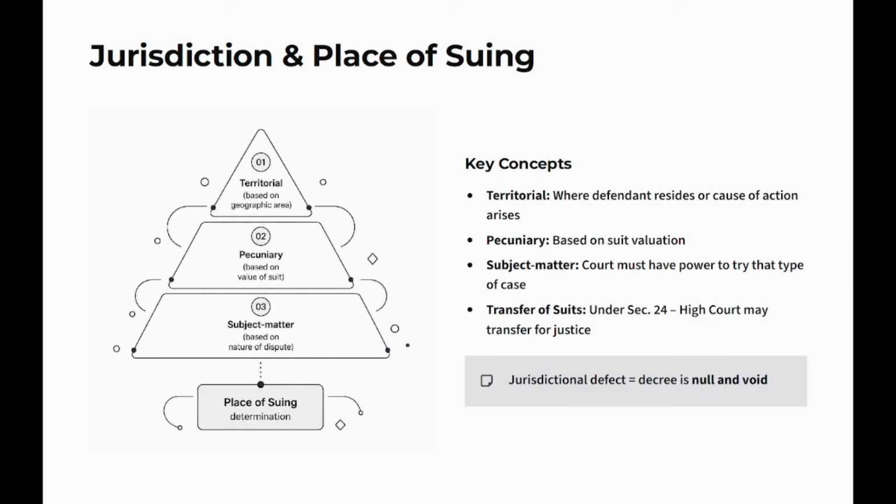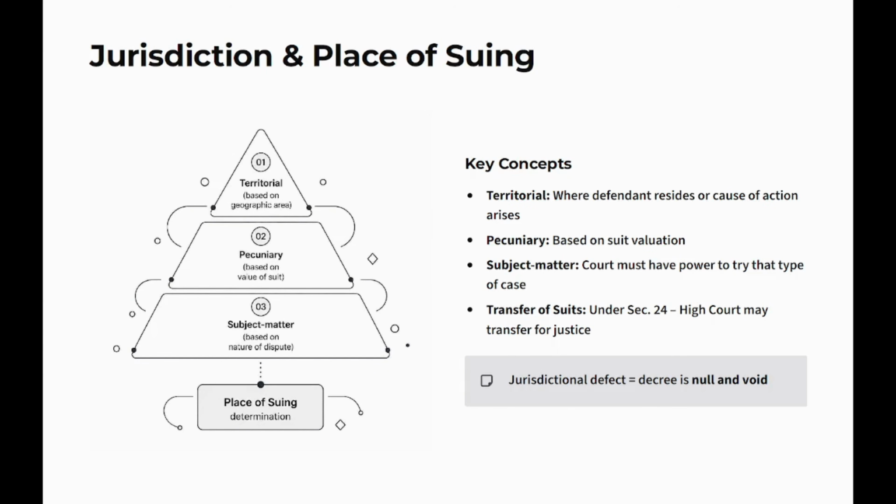Territorial jurisdiction means based on where the defendant lives or where the issue happened. Pecuniary jurisdiction means based on how much money the case is worth. And the third one, subject matter jurisdiction: the court must have the legal power to hear that type of case.